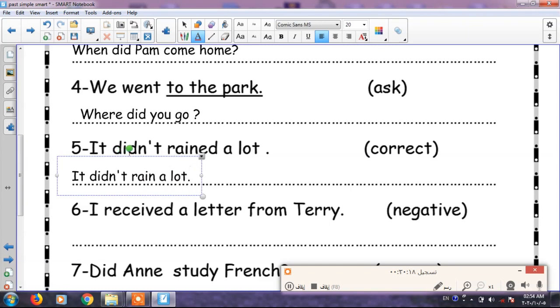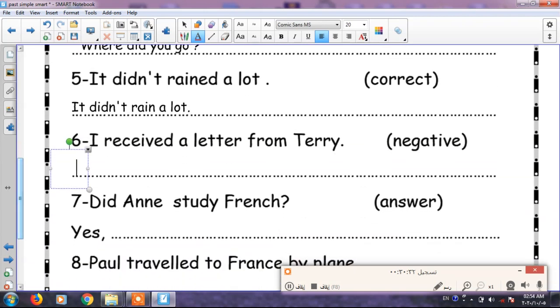Number 6. I received a letter from Terry, and here he wants me to turn it into negative. So in the negative I use didn't, and after didn't the verb becomes in the infinitive.